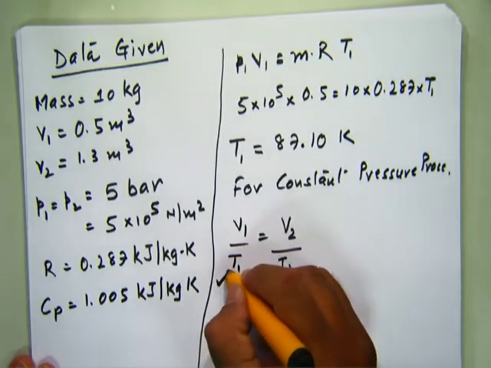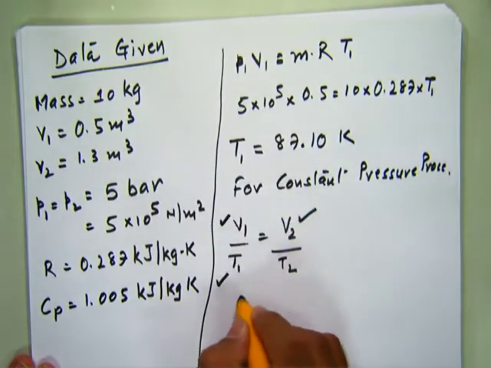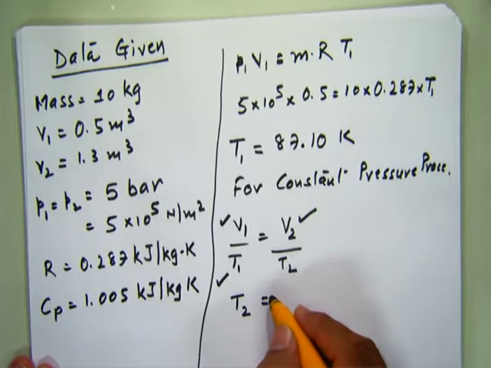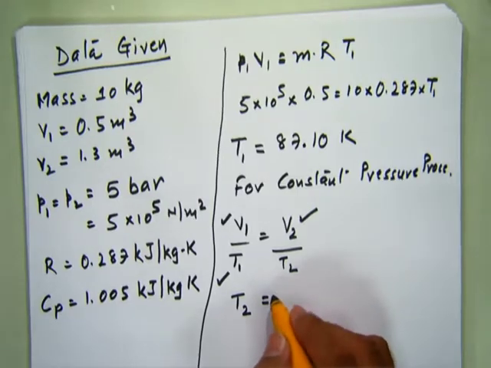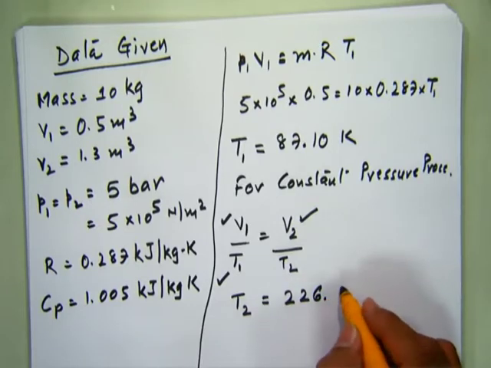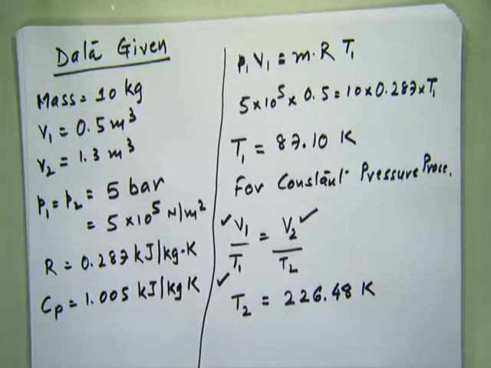You have already found T1, and you have V1 and V2. By putting in the values, you will get T2 is equal to 226.48 Kelvin.